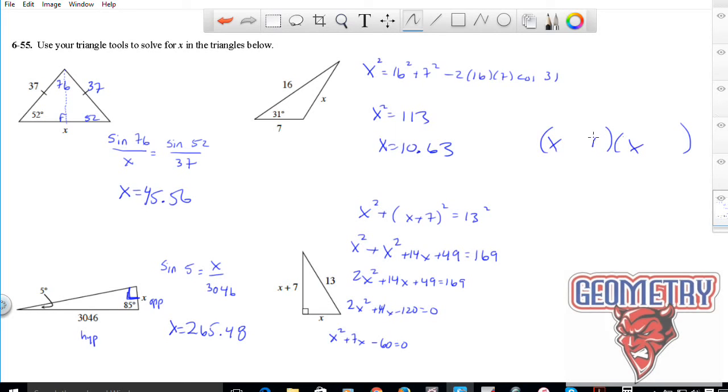So our factors are 12 and 5. Now we just need the correct signs. We want positive 7 and negative 60. So how about plus 12 minus 5? Which means when we solve each of these equal to 0, x equals negative 12 or x equals 5. We notice that negative 12 is impossible. You can't have a triangle with a side length of negative 12. So we throw that one out. So our only valid answer would be x equals 5, which makes a 5, 12, 13 right triangle, which is a Pythagorean triple.